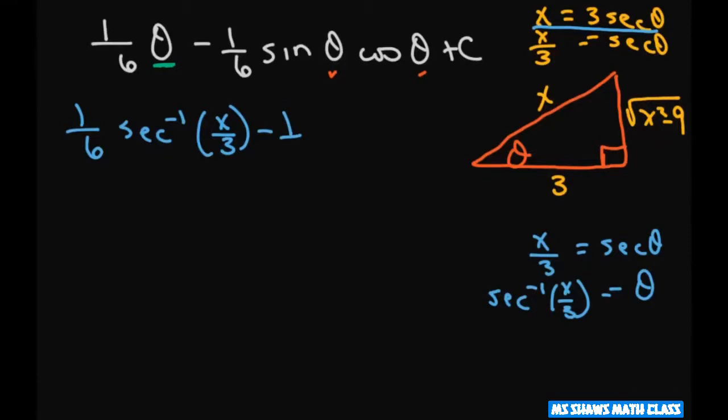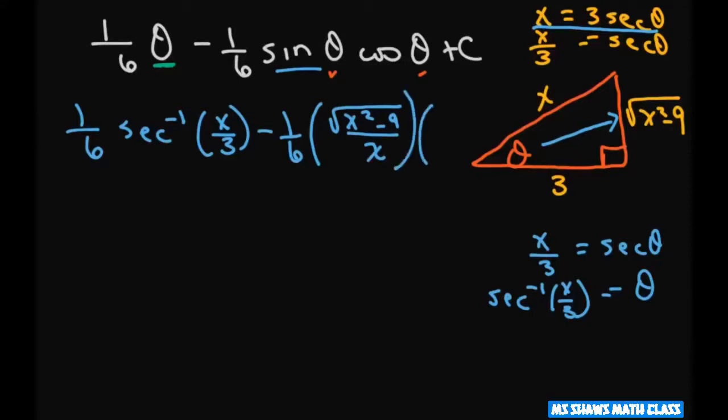Minus 1/6, and then we're going to multiply. Sine is opposite over hypotenuse, so that's going to be the square root of x squared minus 9 divided by x. And cosine is adjacent over hypotenuse, so there you have that. Cleaning that up, you still have your plus c.